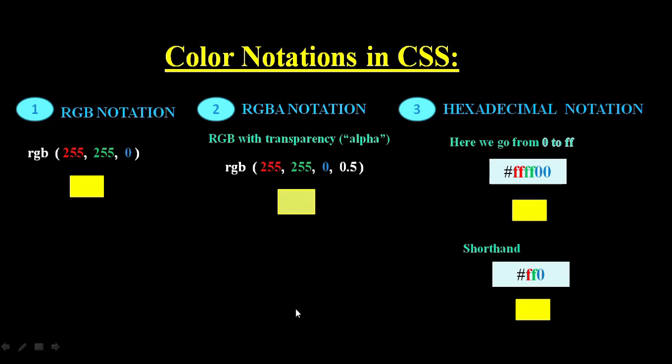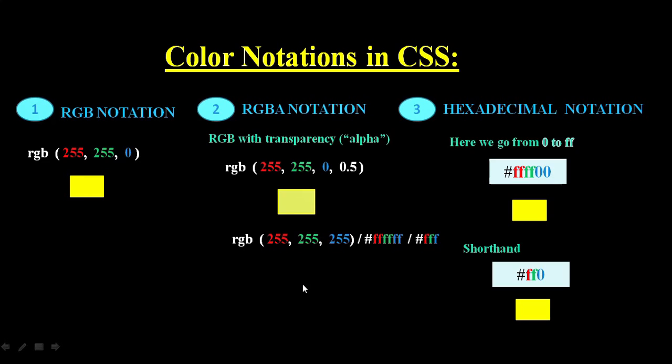For example, if I take RGB 255, 255, 255, in which the three parameters have the same intensity values, we can also represent this in hexadecimal notation as FF, FF, FF. For the shorthand notation, we can include only single terms like F, F, F. For this notation, we will generate a different color of gray.